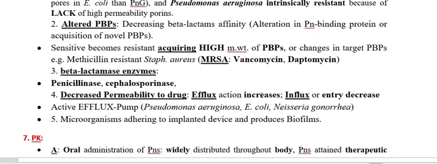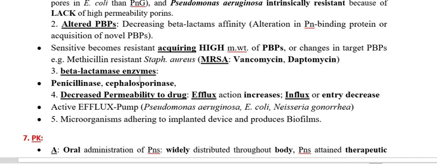Another means of resistance: as I mentioned earlier, bacteria resistant to penicillin also produce an enzyme, and the name of the enzyme is beta-lactamase. Why this name? Because this enzyme acts on the beta-lactam ring of penicillin and cephalosporin. According to the action on penicillin and cephalosporin, the enzymes are called penicillinase and cephalosporinase.